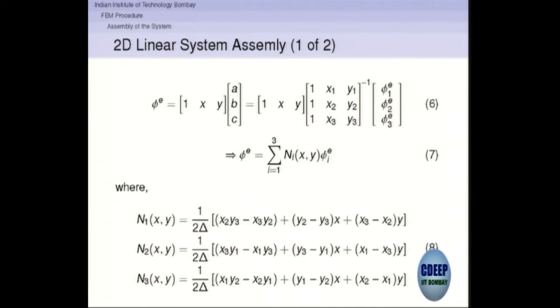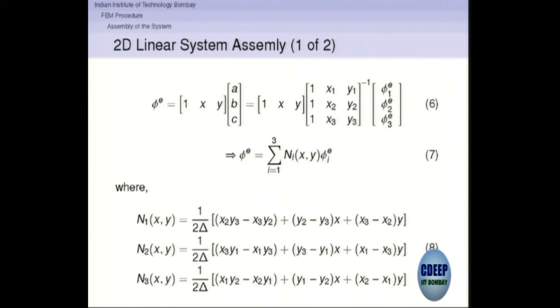So now we have expressed phi at any point within the triangle as a function of the potentials at the vertices, is it not? So what this equation 7 tells is, phi at any point x, y within that triangular element is nothing but N1 phi 1 plus N2 phi 2 plus N3 phi 3, right?